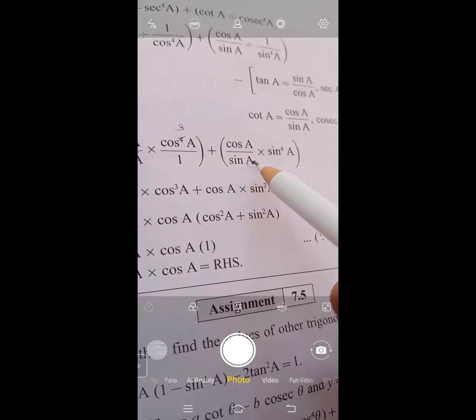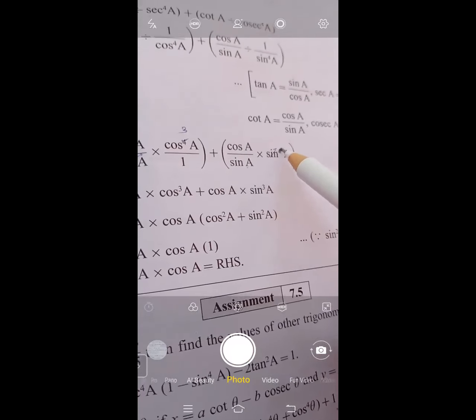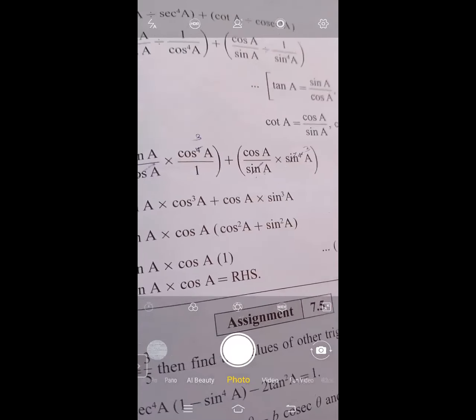Here also the same thing will happen. It will become sine cube, as only one is cancelled.